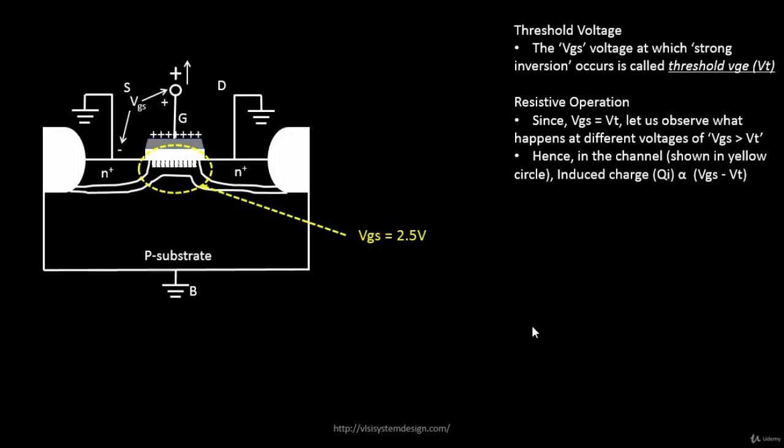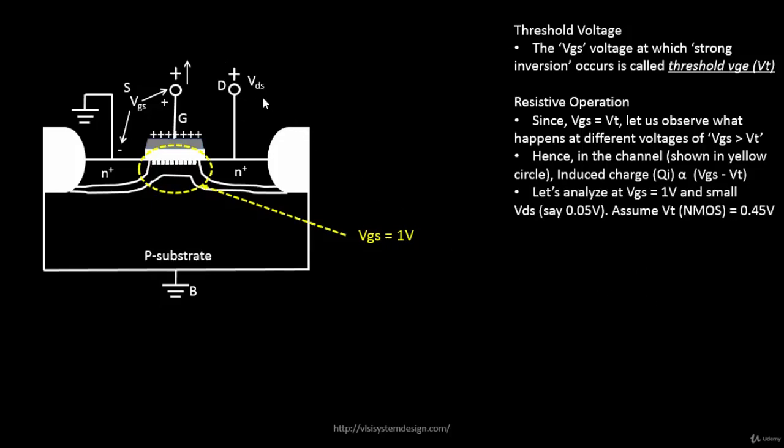But in reality, that's not close enough. We have to close all the loops over here. So now we'll apply a small drain to source voltage, and we'll start with some assumptions. Let's analyze this same circuitry at VGS equal to 1 volt.